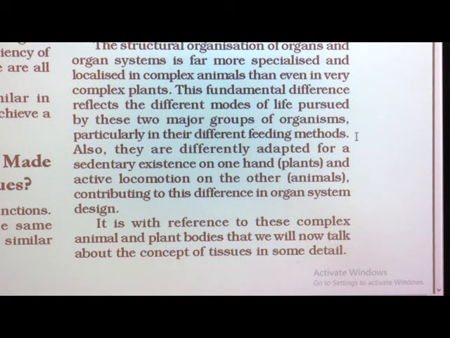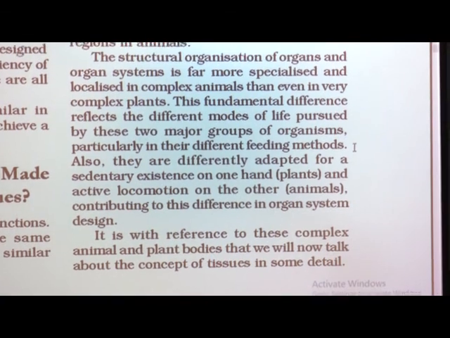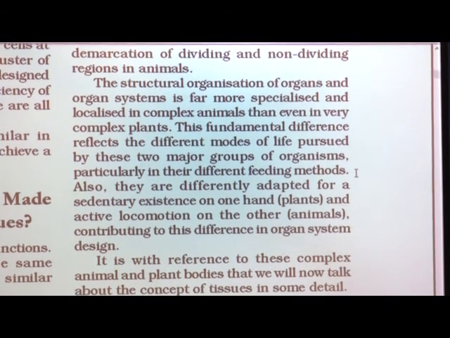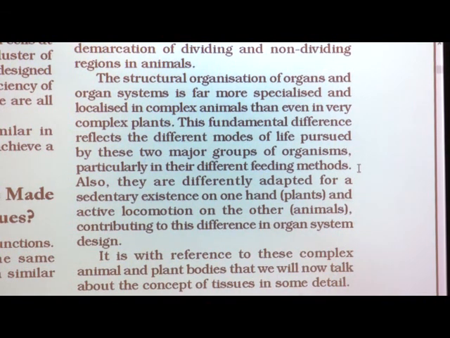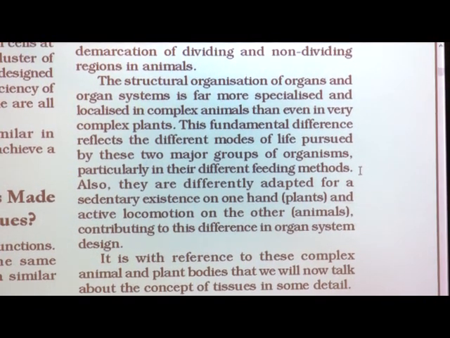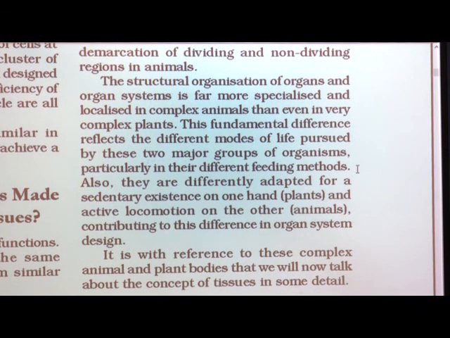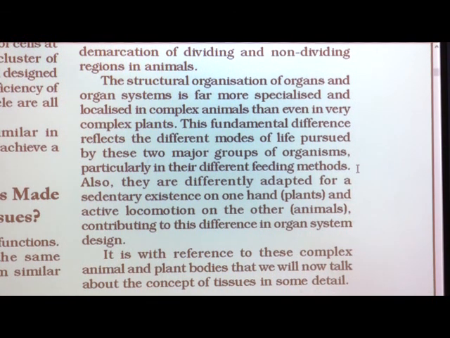So, what is the next difference? The difference is in the structural organization of organs and organ systems. These are more specialized in animals as compared to plants. So, this fundamental difference reflects the different modes of life of plants and animals, particularly in their different feeding methods.